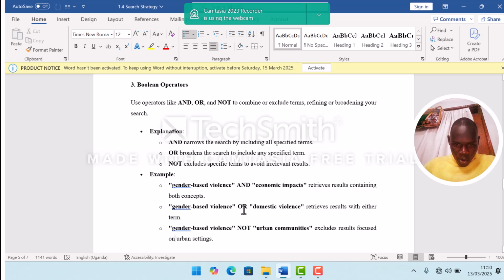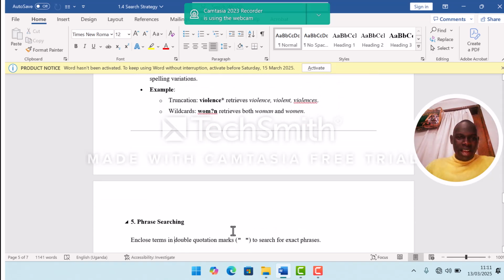If you put OR in the middle, it retrieves results with either term, bringing you gender-based violence or domestic violence. If you put NOT in the middle, it would be gender-based violence NOT urban communities. That means it is excluding the last component of the concepts that you have brought.